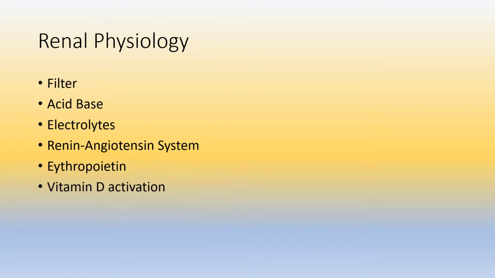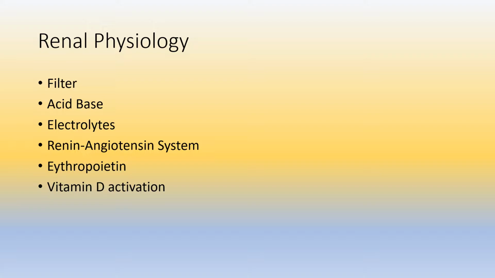So what do the kidneys do? They filter out waste products. They cause acid-base buffers to be secreted. They regulate electrolytes so that your potassium's not too high or too low. They secrete renin, which is essential to the renin-angiotensin system, which is critical to blood pressure.